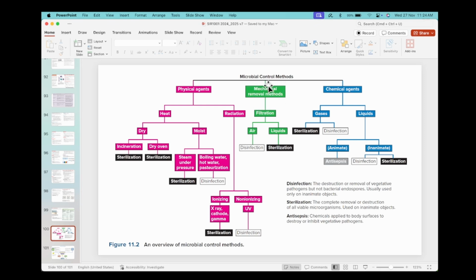For the mechanical removal methods, the focus is on filtration, and then for chemical agents we have examples of gases and liquids that can be used to sterilize and disinfect materials.